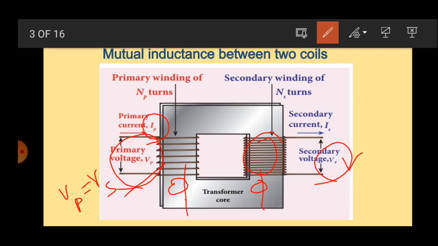The induced EMF in the primary circuit, epsilon P, is almost equal and opposite to the applied voltage. So VP is nothing but epsilon P, and the induced EMF is given by, already you know, d phi B by dt.